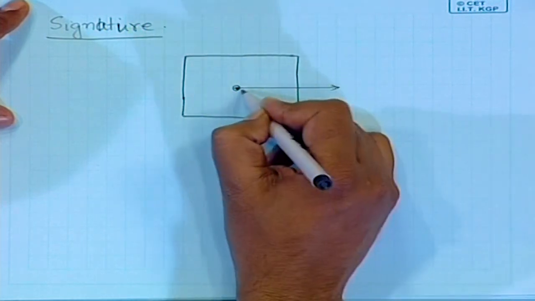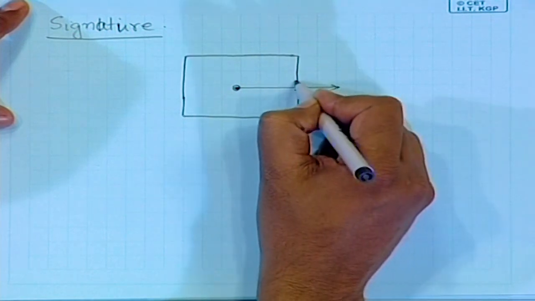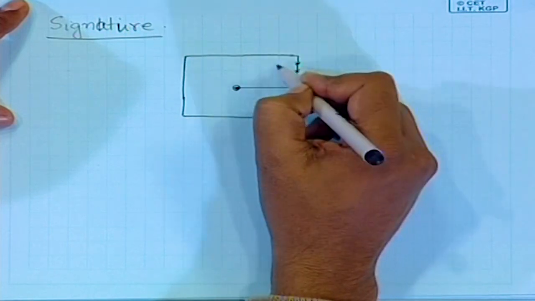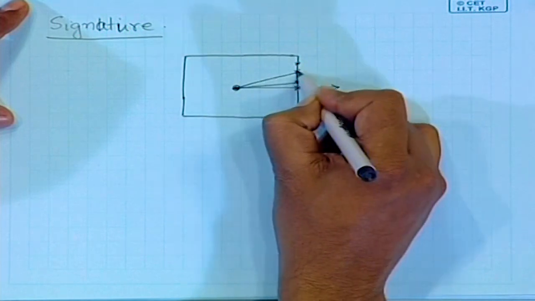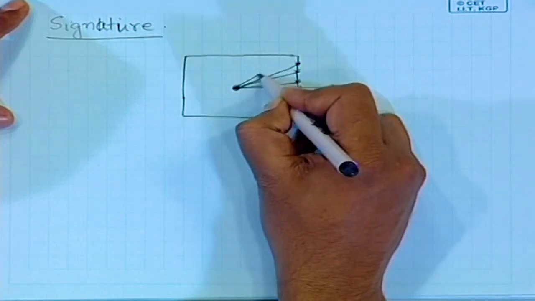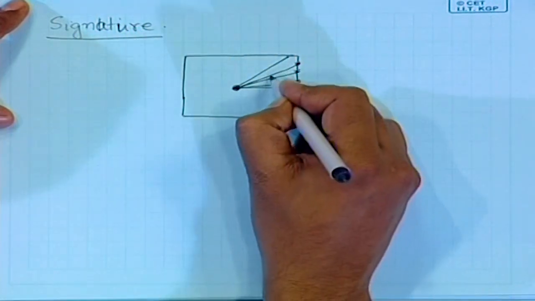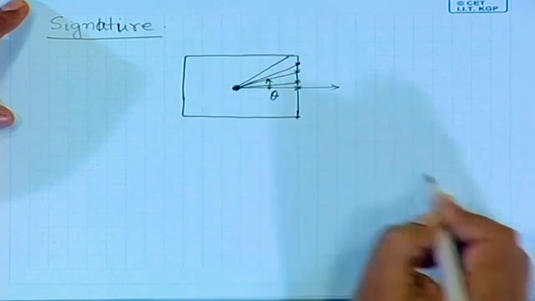Okay. That is, I find out the distance of the boundary point over here, I find out the distance of the boundary point over here, I find out the distance of the boundary point over here, and so on. That means, I am taking the boundary points along rotational scan lines, something like this, in different directions, and this direction is at an angle theta from the reference line.